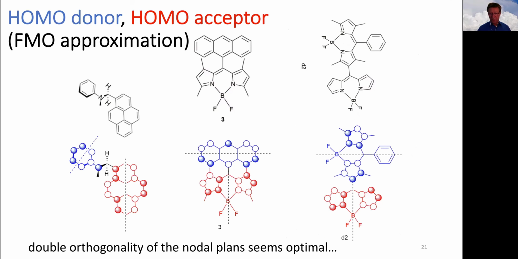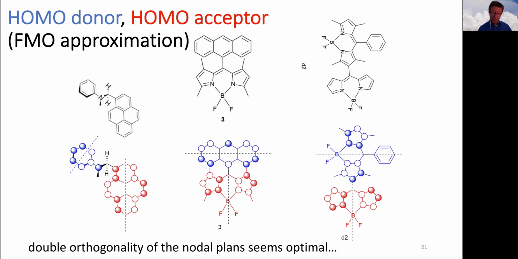And if you look with what we call a frontier molecular orbital approach, then the charge recombination interaction is an interaction between a HOMO orbital based on the donor and a HOMO orbital based on the acceptor. So these are three molecules that are showing very efficient triplet formation by charge recombination.